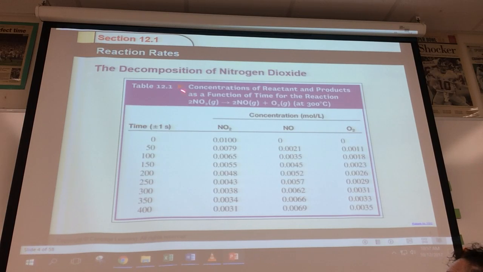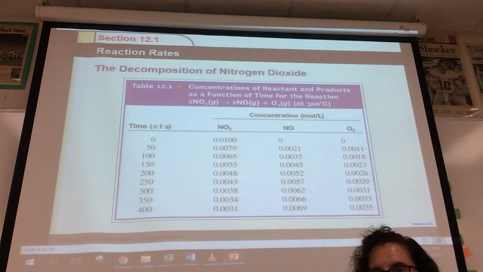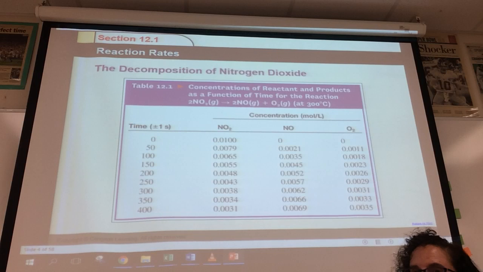This one's actually a little tricky because you've got a 2 there. But it's going to be very straightforward. It's not going to be an issue. Rates of disappearance are negative. Rates of appearance are going to be positive. So here you'll say, all right, this amount's increasing compared to this.